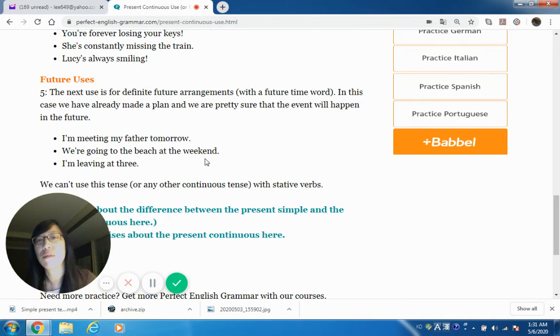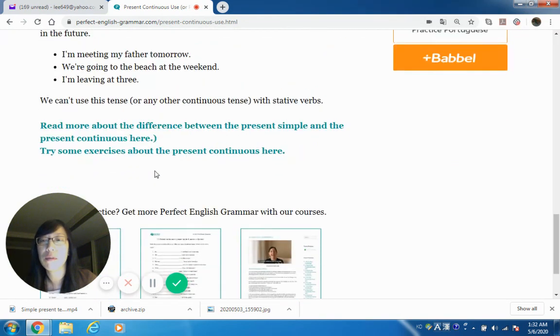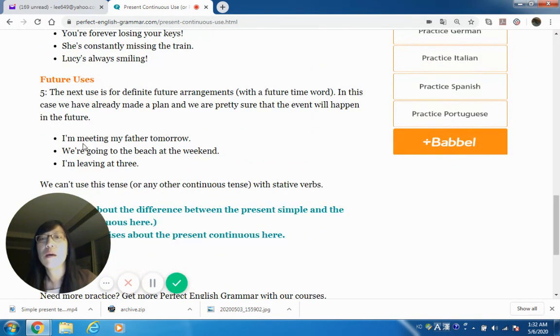This is a very definite future arrangement. But if you use we will go to the beach, it's different. I mean, it is a future, but it's just not very definite. Same thing. I'm leaving at 3. I will leave at 3 means it's not very definite compared to using the to be verb plus ing.